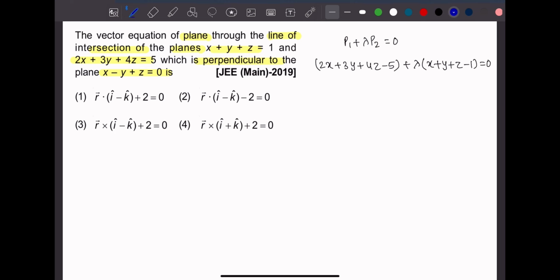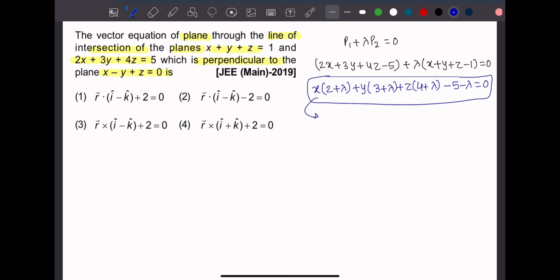Okay, if I'm going to simplify, यहाँ पे आ जाएगा हमारे पास x common, that means 2 plus lambda, y common which means 3 plus lambda, plus of z and 4 plus lambda, minus 5 minus lambda is equal to 0.